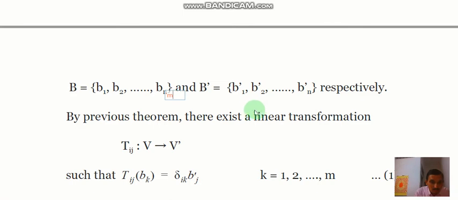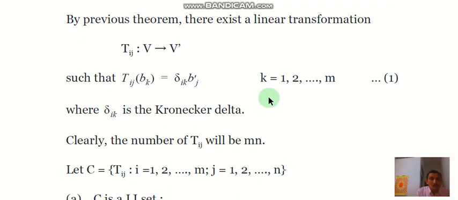By the previous theorem, there exists a unique linear transformation Tij from V to V', which we define as Tij(Bk) = Kronecker delta ik Bj', where k varies from 1 to m.